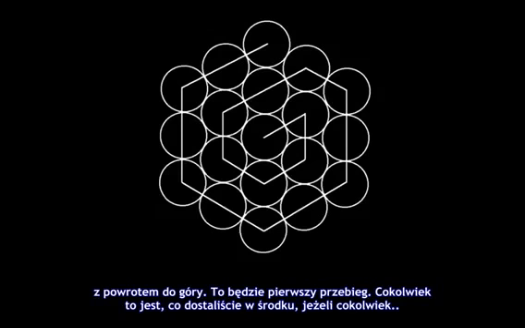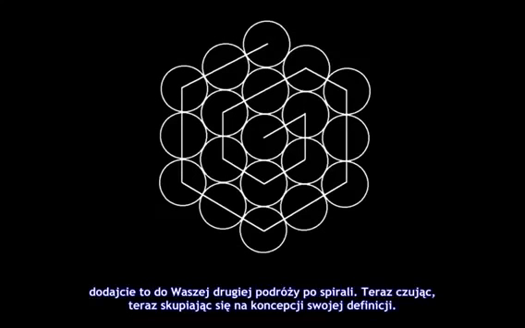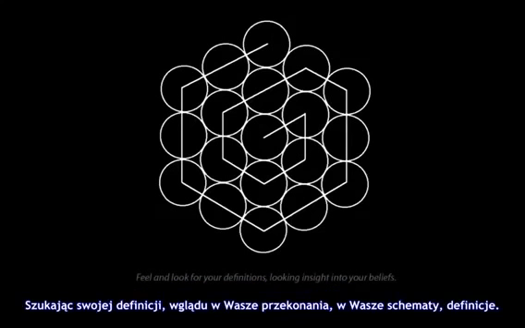Whatever it is you got in the center, if anything, add that to your second trip down the spiral. Now focusing on the concept of your definition. Looking for insight into your beliefs, into your blueprint, into your definition.